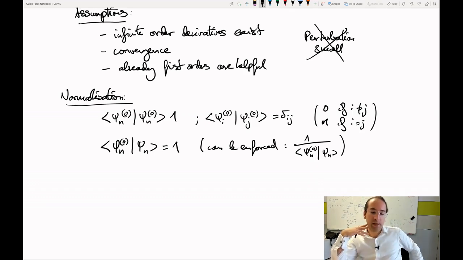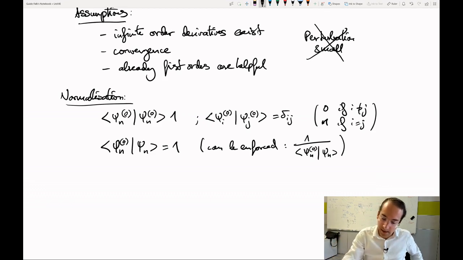Now, the question is what's the relationship between these individual terms. This psi n is an expansion in perturbed eigenfunctions, so it does include more contributions as we add higher orders.